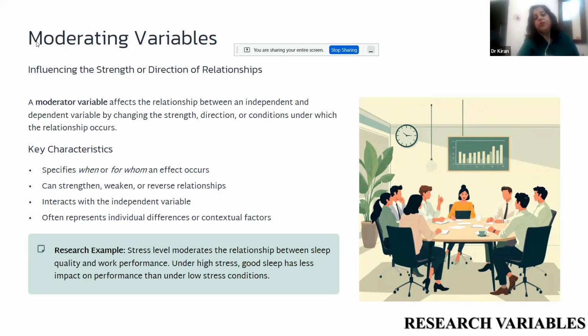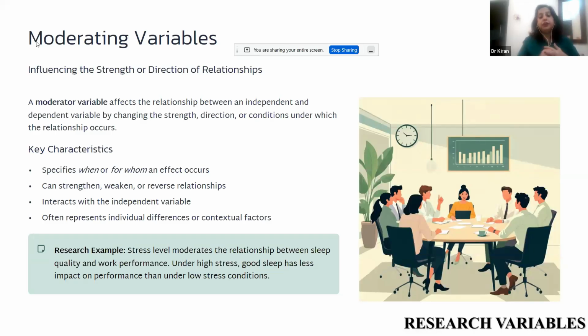In my Excel sheet also we are going to see this example. Sleep and work performance are related. We know there will be some IV-DV relationship, but the individual's stress level and coping mechanism can moderate this relationship.